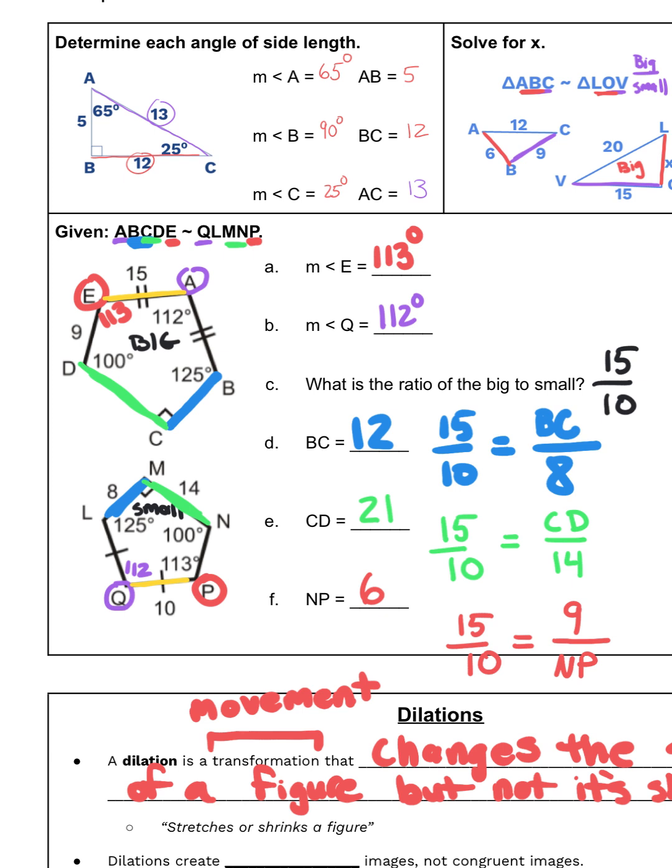All right, dilations create similar images, not congruent. All right, remember in similar figures, the corresponding angles are congruent and sides are proportional. Remember, proportional means that they have the same ratio. Corresponding sides have the same ratio.